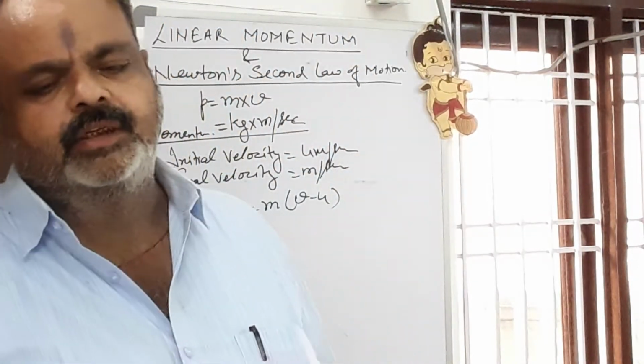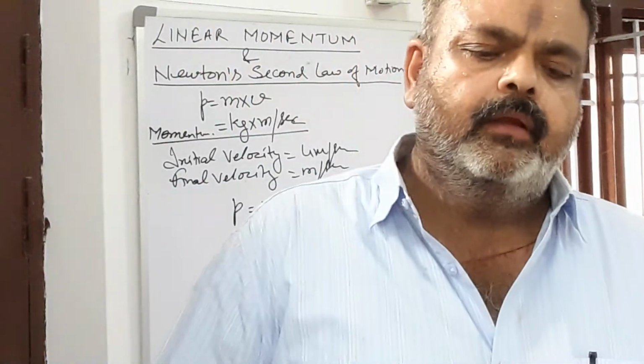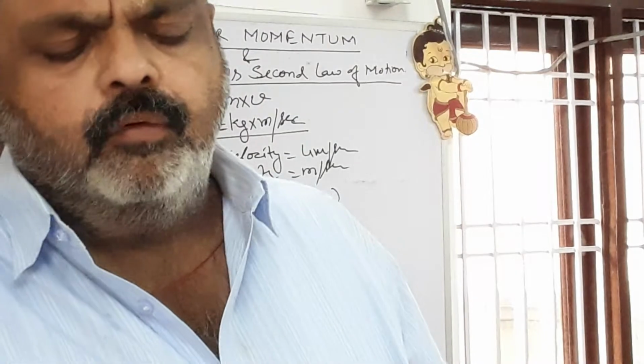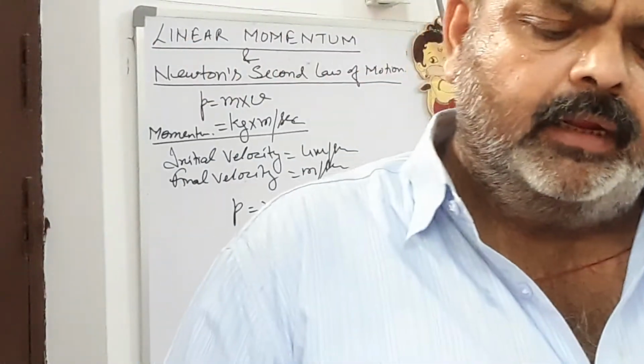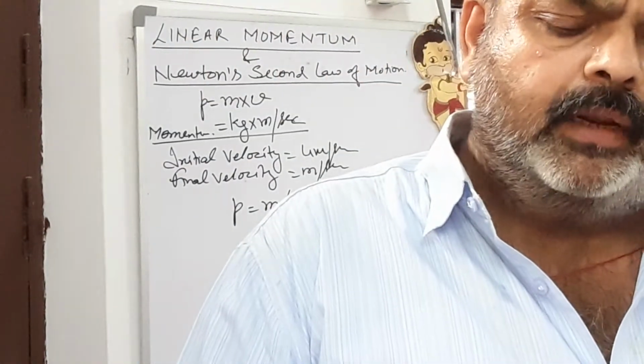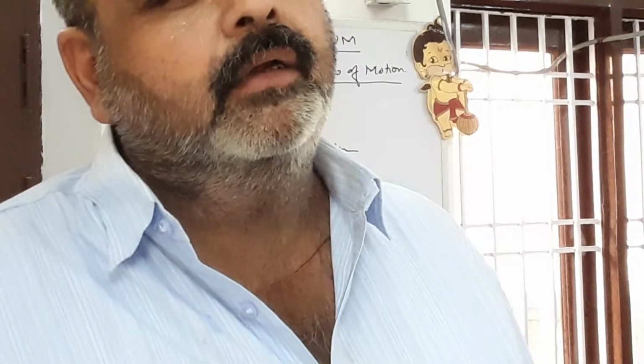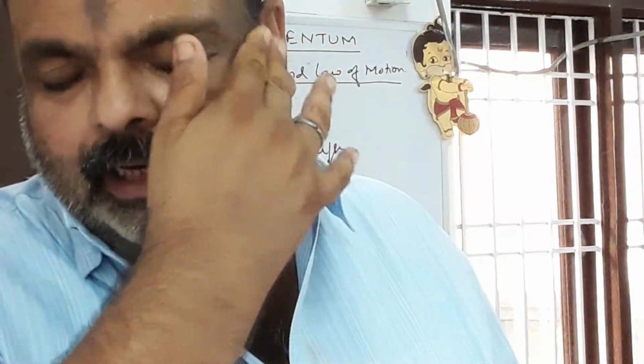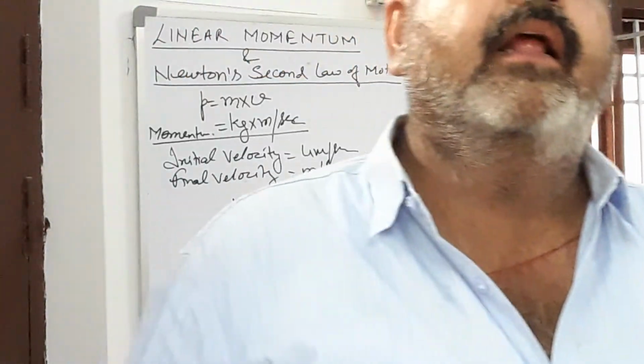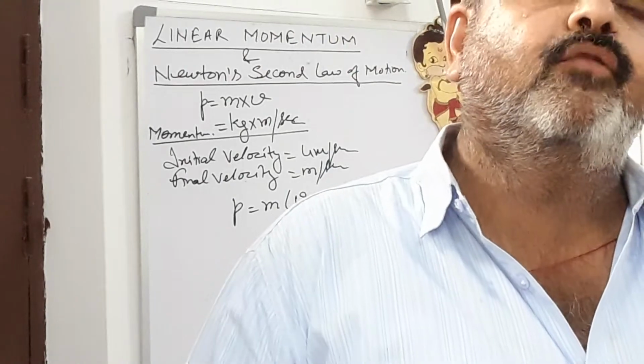If the velocity changes, say in the case of atomic particles moving with a velocity comparable to the velocity of light, it was observed that the mass of the particle does not remain constant. Mass gets converted into energy and energy gets converted into mass.